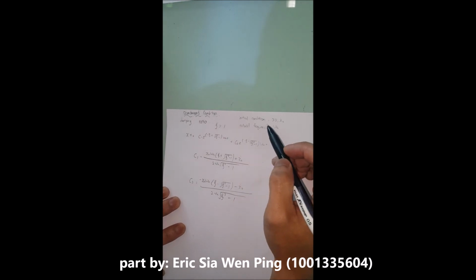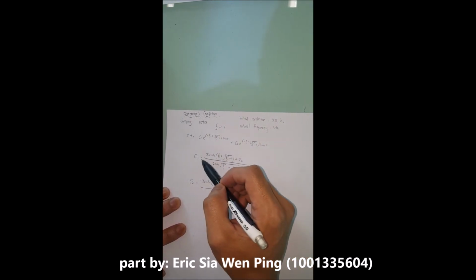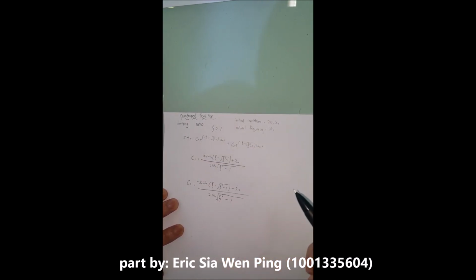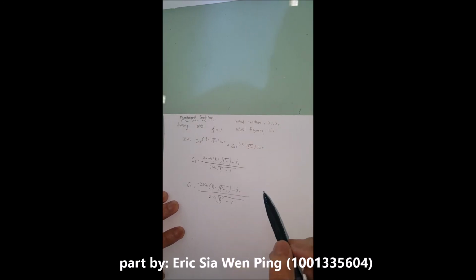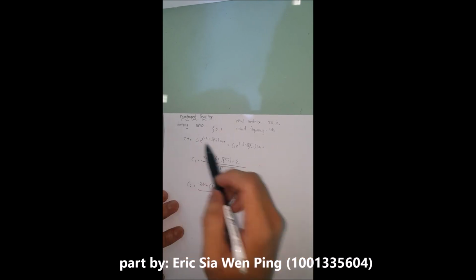If the initial conditions x0 and velocity are given, you can plug them in to get the values of C1 and C2. If x0 and x dot naught are not given, then you can leave C1 and C2 as they are in the x of t formula.